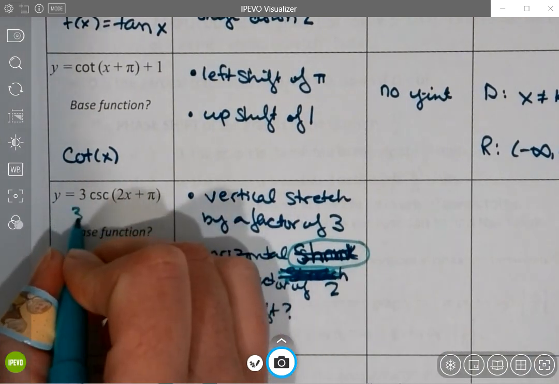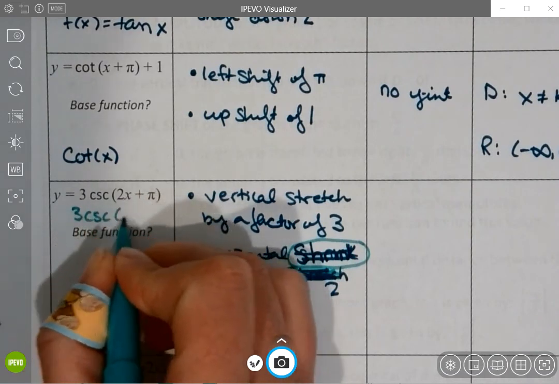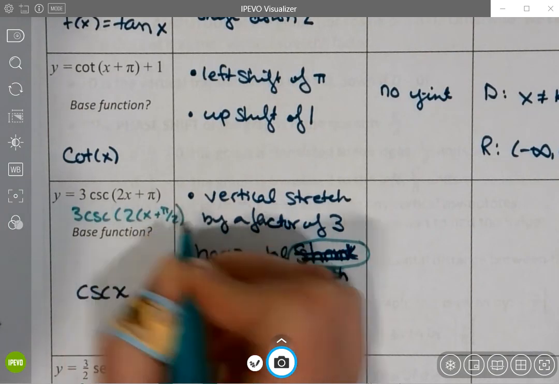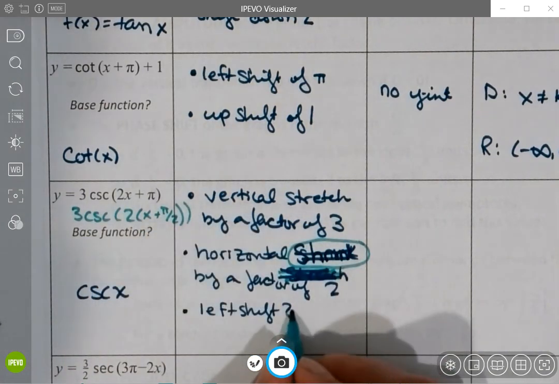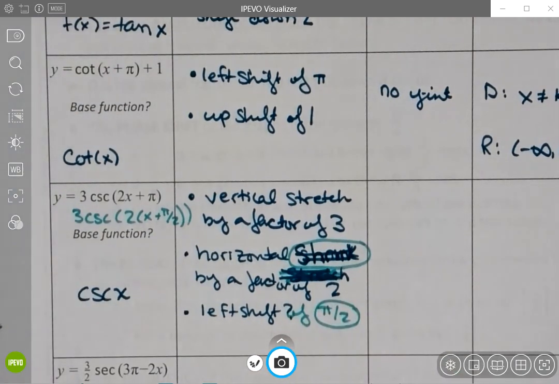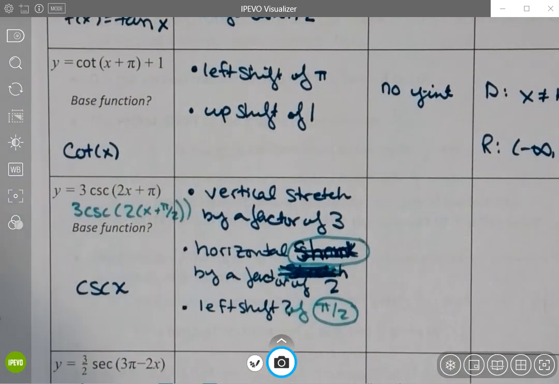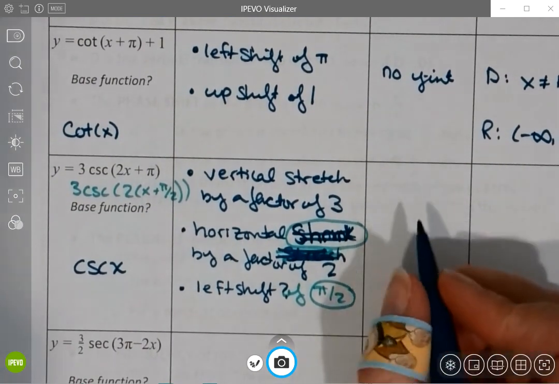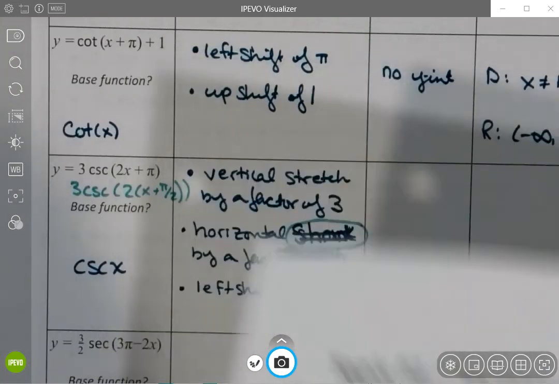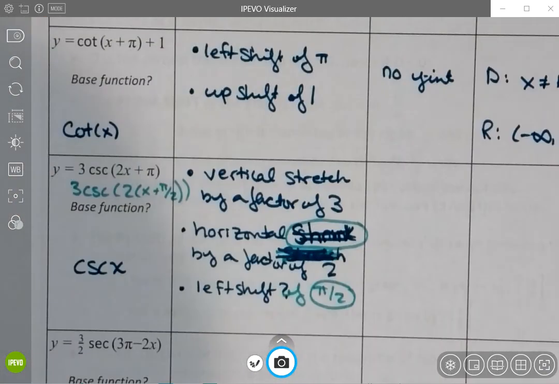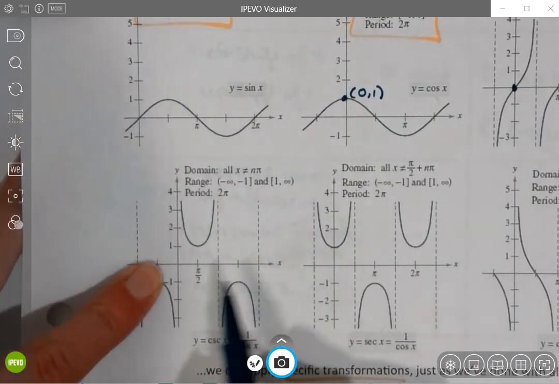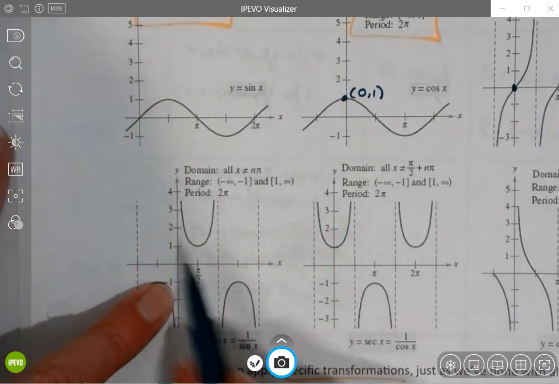So if I think about this as 3 times cosecant of 2 times x plus pi over 2, it's really a left shift of pi halves, not pi, because remember that multiplicative needs to be factored out. Okay, so for y-intercept on this one, which am I looking at? Cosecant. So the cosecant function originally did not have a y-intercept.